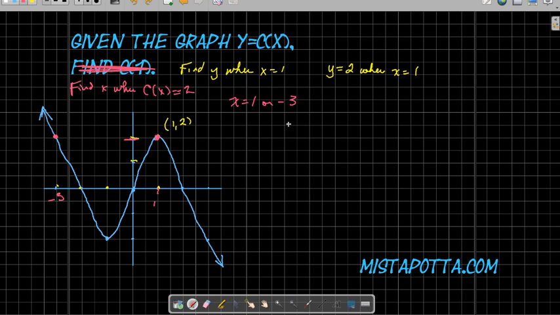And just because you're a function one way doesn't mean you're going to be a function the other way. For example, in this one, if y equals 2, there are 2 solutions for x. But if x is 1, there's only going to be 1 solution for y. So it's important to understand the relationship between relations and functions: when a function is a relation, when a relation is a function. Those are important key points to make.